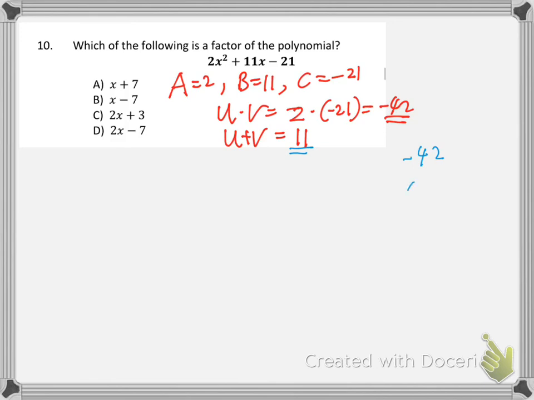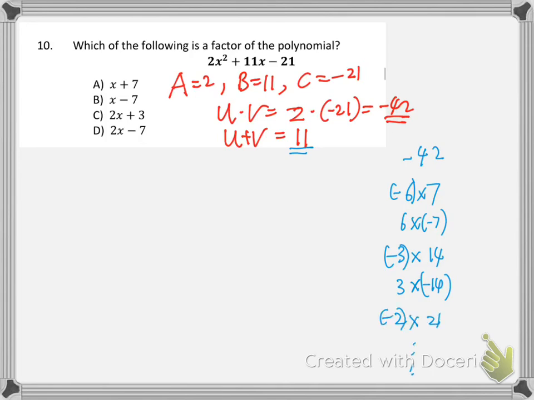Product condition, it could be 6 and 7, one of them is negative, or it could be 3 and 14, one of them is negative, or it could be 2 and 21. A lot of choices. This is the problem.